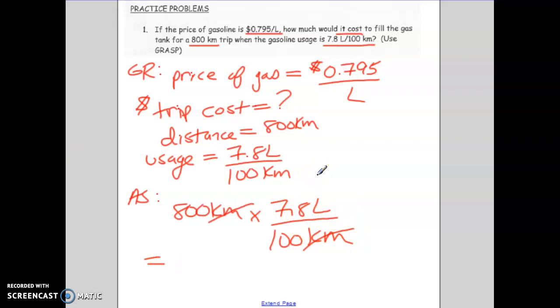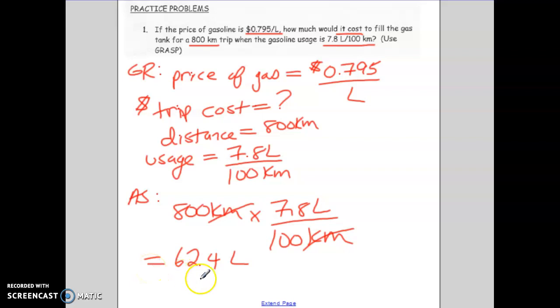So it's going to be 800 times 7.8 divided by 100, which gives us 62.4 liters. This tells us how much gas our car is going to use in our 800 kilometer trip. Our car is going to use up 62.4 liters worth of gas.